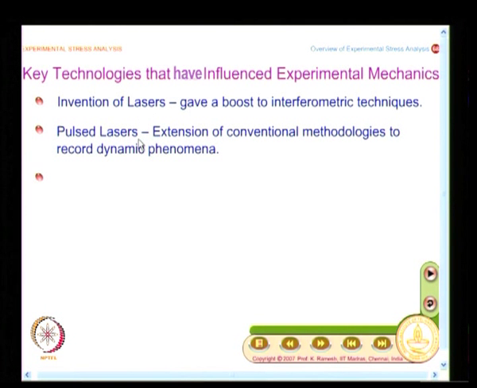So, you have intermittent illumination, you could extend conventional methodologies to record dynamic phenomena, and recording dynamic phenomena reveals a lot of interesting information. See, if you have water that is getting boiled, it looks as if it is random, but it is not really random.